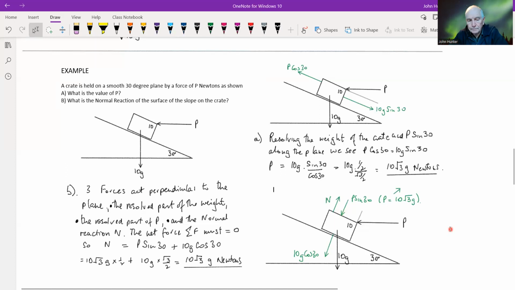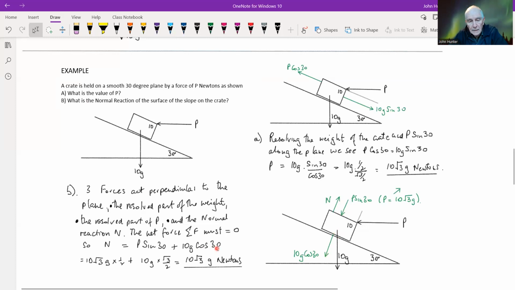Now these are the only three forces acting perpendicular to the plane. And we can see from the arrows that N is going to equal that plus that. So N equals P sin 30 plus 10g cos 30.